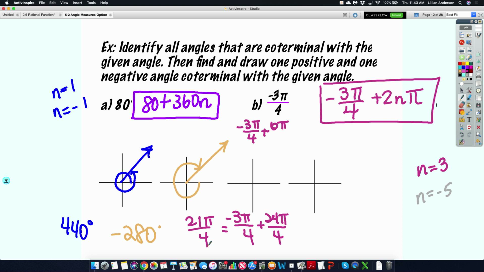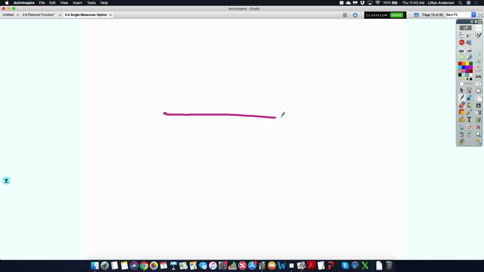Where is -3 pi over 4 located? Does anybody have an idea? If this is my x and y axis, I know this is 0, 90 degrees, 180 degrees, 270 degrees, 360 degrees in degrees. But in radians, 360 degrees is how many radians? 2 pi.